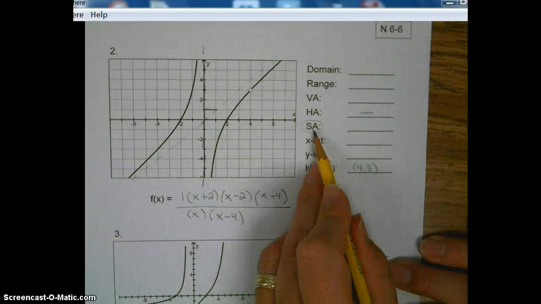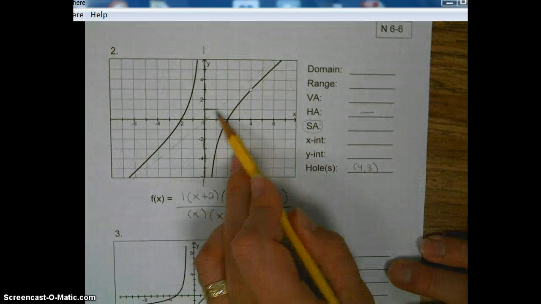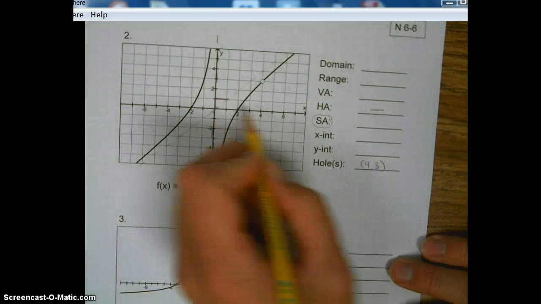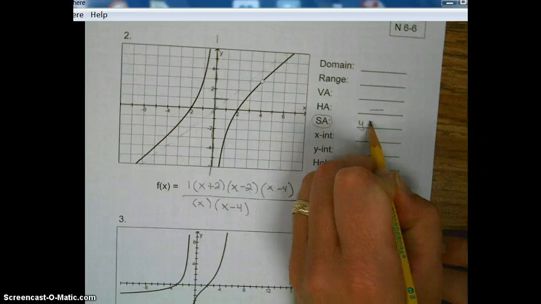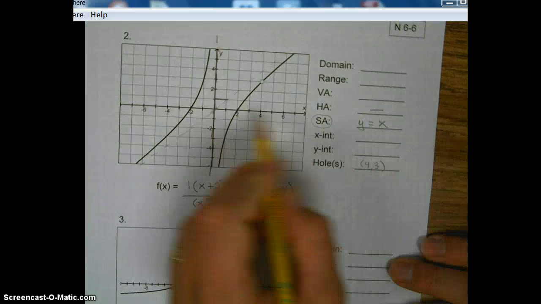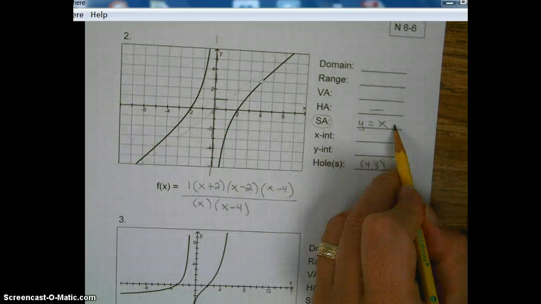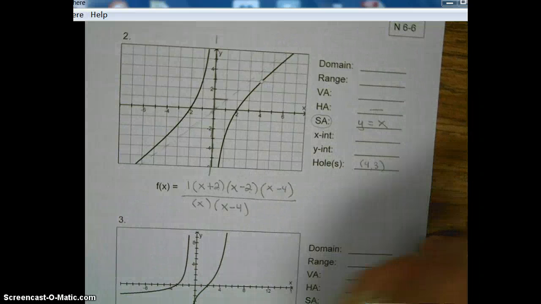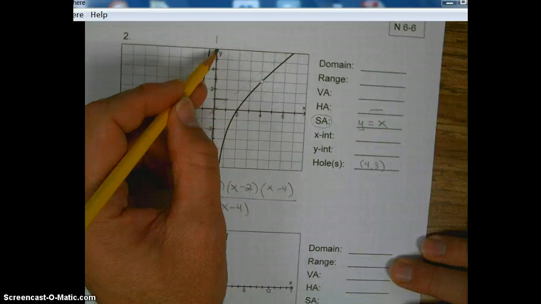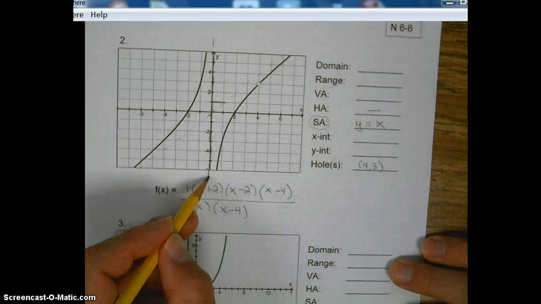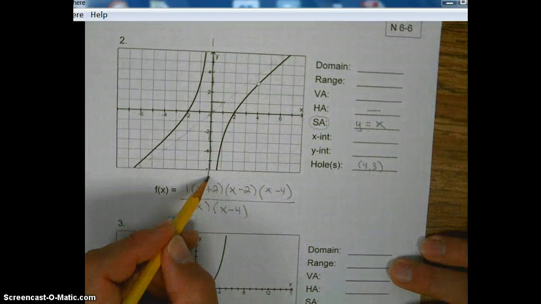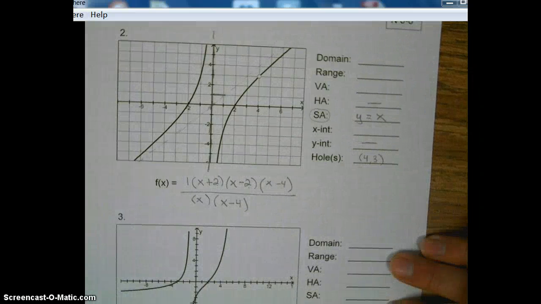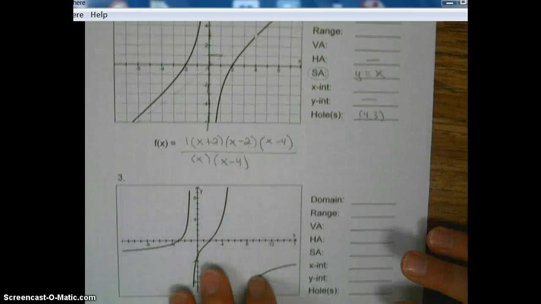And for our slant asymptote, we want the equation of this line. So we know our slope is 1 over 1. So 1x, and the y-intercept is 0. So y equals x. And since our vertical asymptote is here, does it have a y-intercept? No. I think you can fill out the rest.